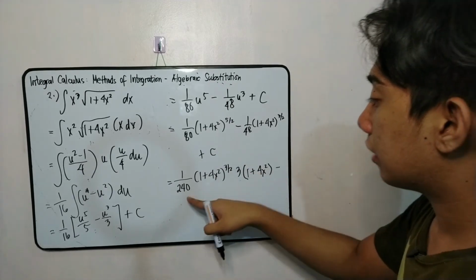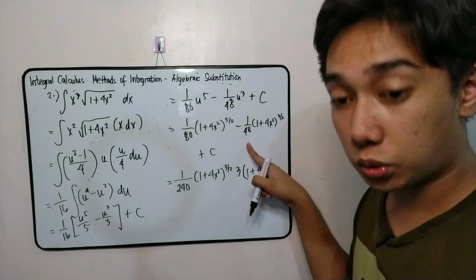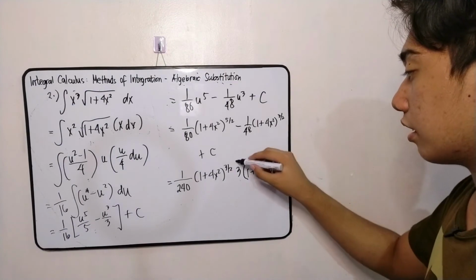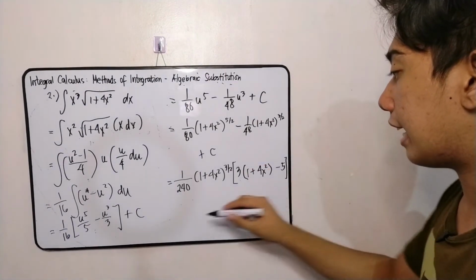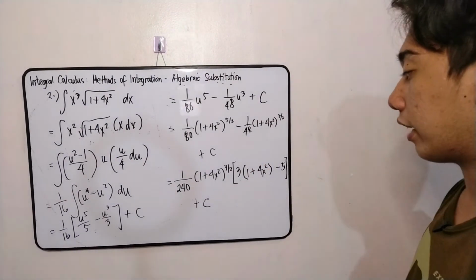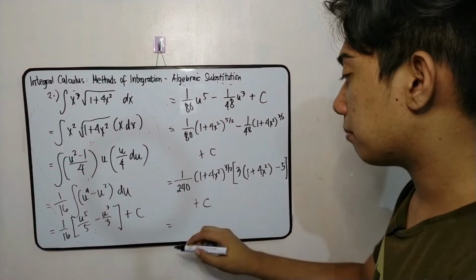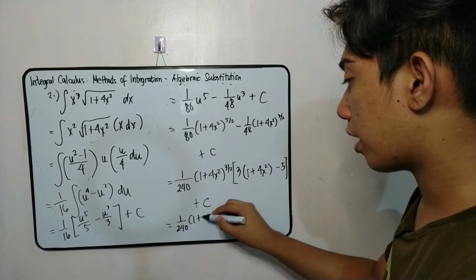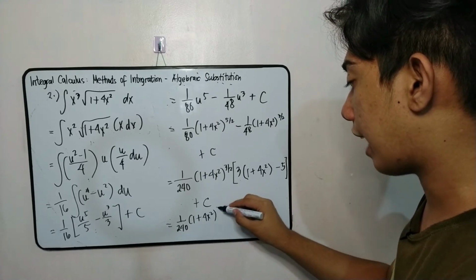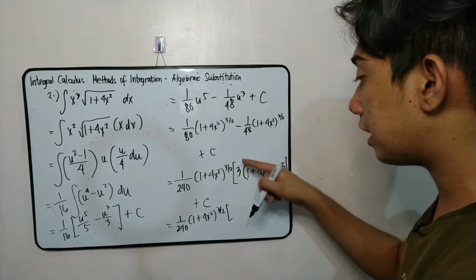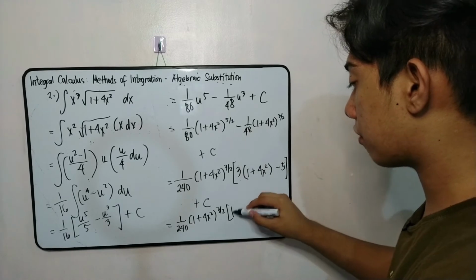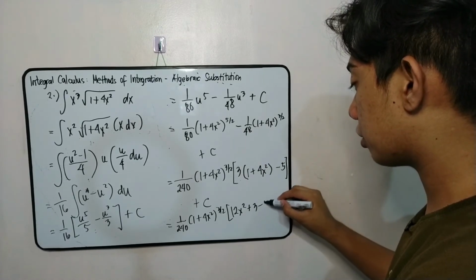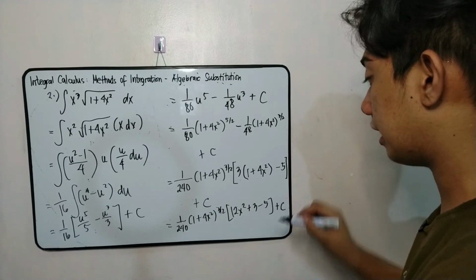Minus 240 divided by 48, we got 5. So, this becomes 5. Gagamitin natin ang bracket para masadali. Plus c. Okay? So, this becomes 1 over 240 times 1 plus 4x squared raised to 3 halves times, we distribute this 3, this becomes 12x squared plus 3 minus 5 plus c.